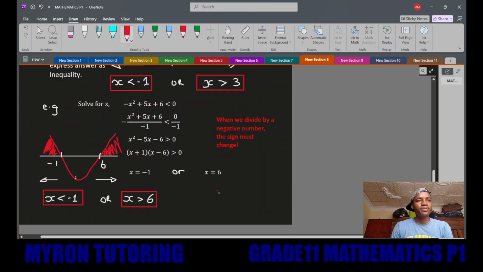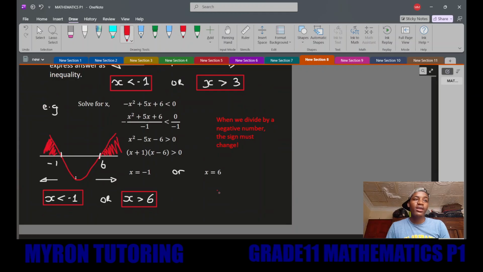Here we have negative x squared plus 5x plus 6 is less than 0. So now this is where we need to remember that whenever we divide or multiply by -1, the sign is going to change.